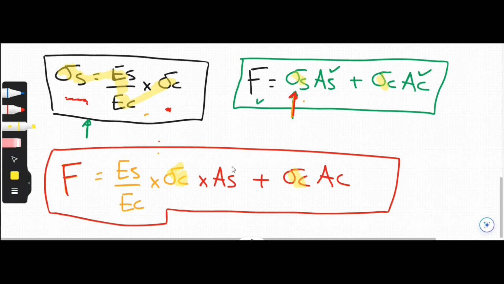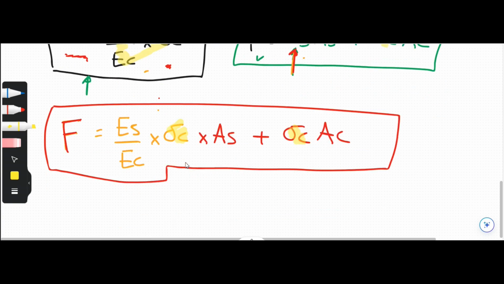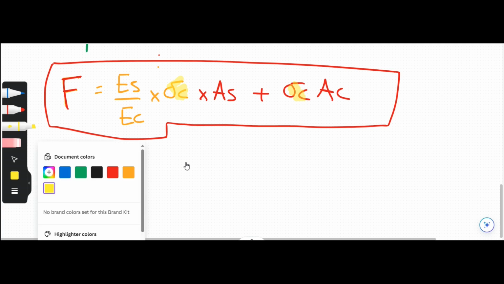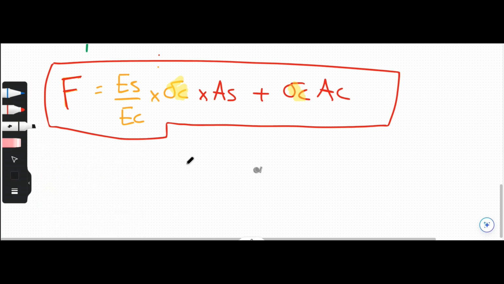I know everything else. The next thing I would do is work out the area of my steel and the area of my concrete. I've got this round thing like this.